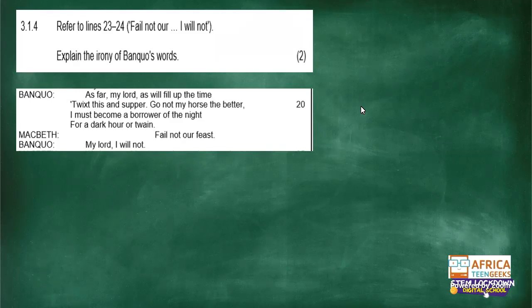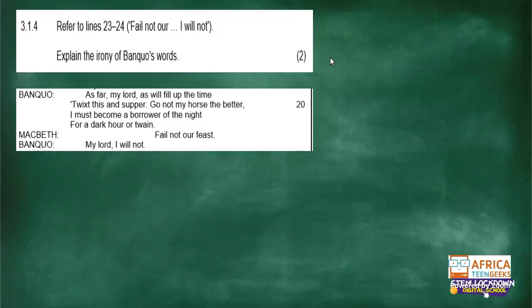Okay, I'm not sure if your audio is working fine. I am struggling to unmute you, but if you don't mind, please type your answer on our chat box. So guys, irony. We said it falls under the classification of the figures of speech that are contradictions. So what is irony? What do you understand when it comes to irony? We did explain irony yesterday.